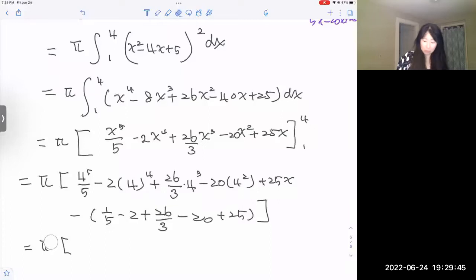What do we put in where we have 25x? I don't know.